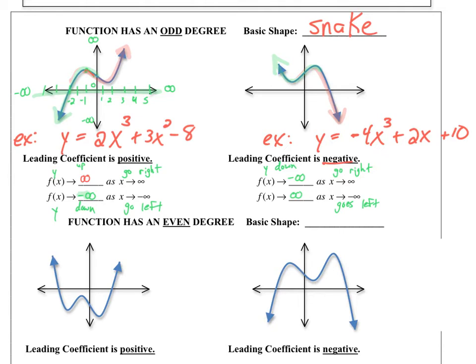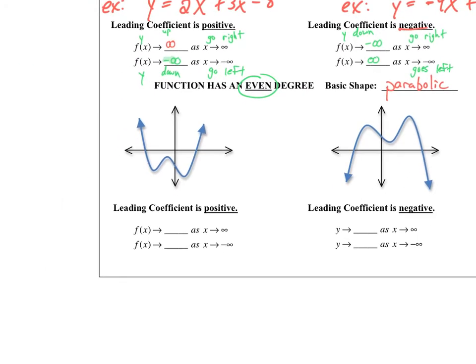All right, if it is an even degree, then the shape is called parabolic. What that means is the arrows will go in the same direction. So when the leading coefficient is positive, y will go to positive infinity as x goes to positive infinity.